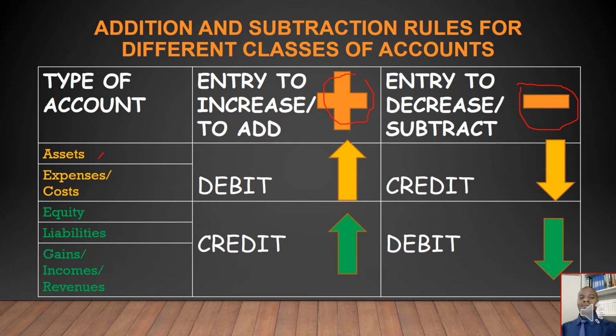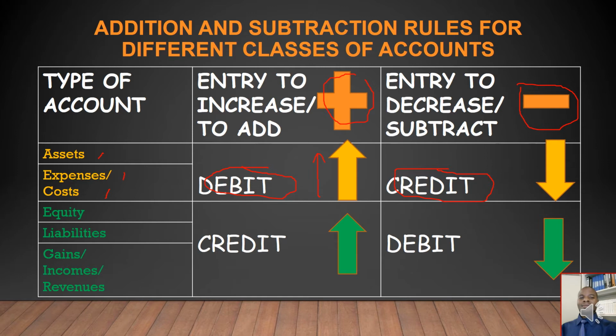So what is it that you must do in order to add to an asset, to add to an expense, and to add to a cost? To add to an expense, to add to an asset, you need to do what? You need to debit. And so debiting an asset simply means that the value in the account is going up. And at the same time, if you want to subtract from an asset, all that you do is the opposite. You credit the account.